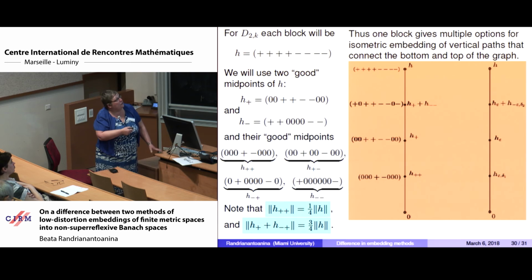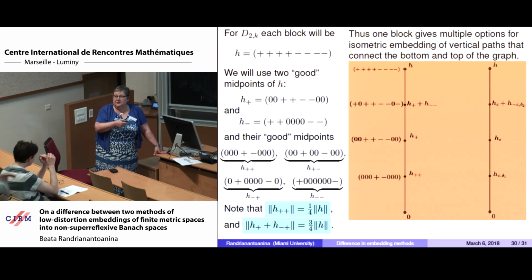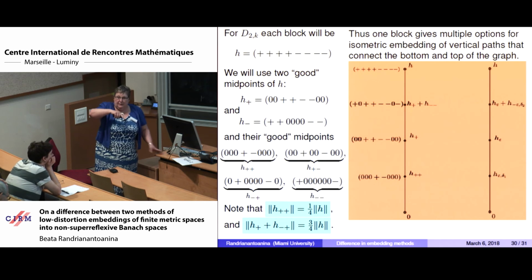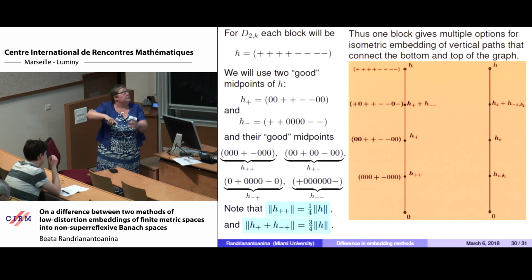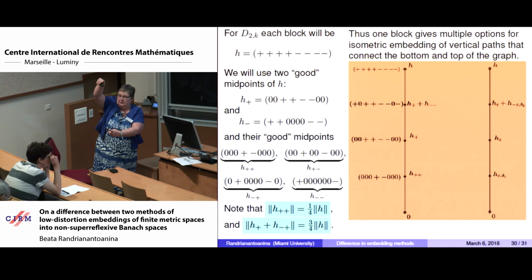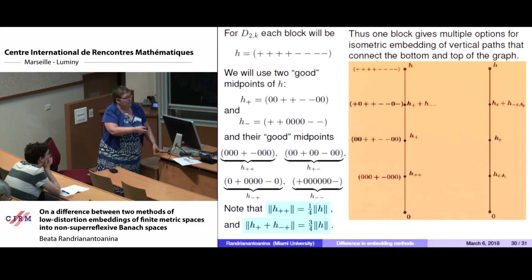So what is it that we got here? We got that this one block built this way produces different possibilities of embedding the path that goes from 0 to the top. I am in D2, so my path has length 4. Those are the options that I have. I put the top to be this element. I put the middle to be either h plus or h minus. So here I wrote h plus, and here I wrote h epsilon. Epsilon is either plus or minus 1.